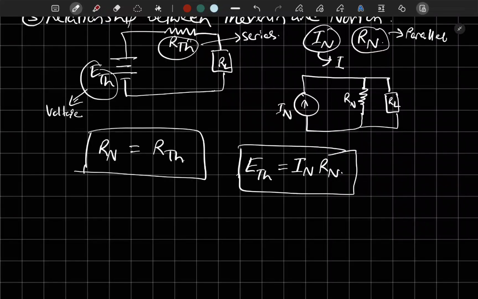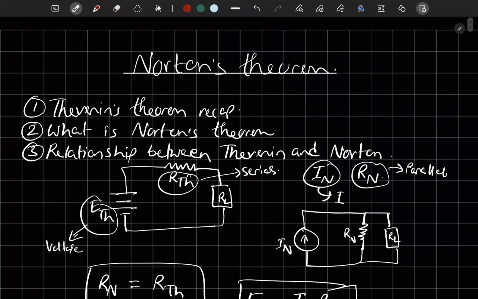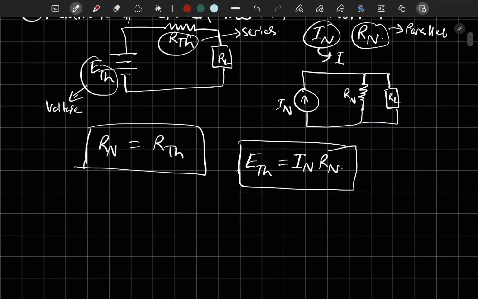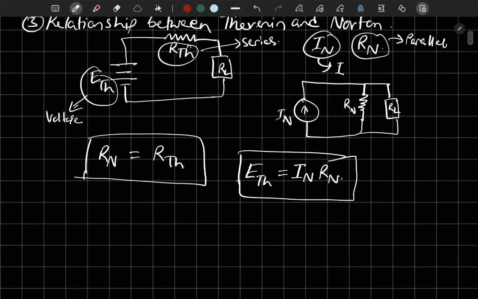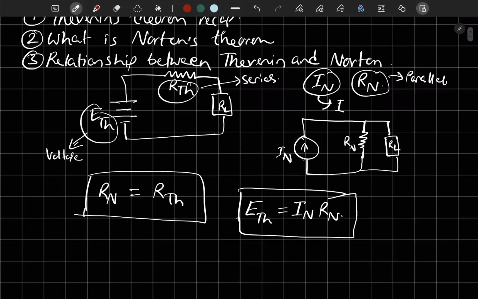So with these two things in mind, we can interchange between the Thevenin equivalent circuit and the Norton equivalent circuit. Technically we don't have to learn both theorems. If you like thinking in terms of voltage, you can learn Thevenin's theorem, and if you like thinking in terms of current, you can learn Norton's theorem.